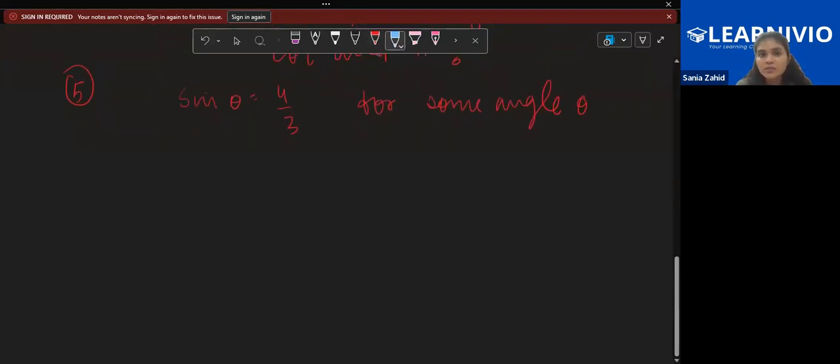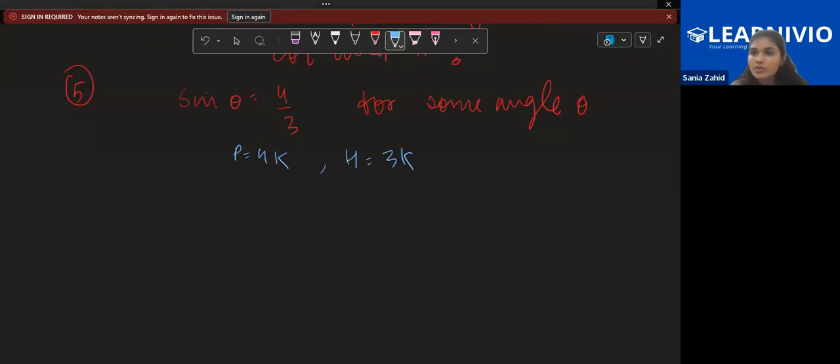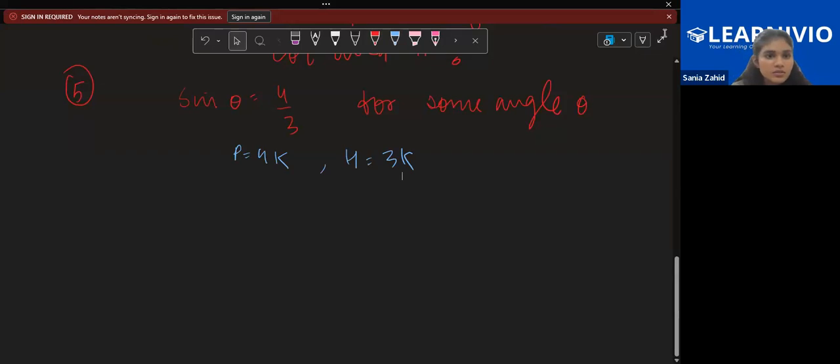Sine theta 4 by 3 means perpendicular is 4k, hypotenuse is 3k. No, that's not possible. Hypotenuse is the longest side, so perpendicular can't be greater than hypotenuse. If they had written 3 by 4, then that is a possible case, but not 4 by 3. That's it for this question.